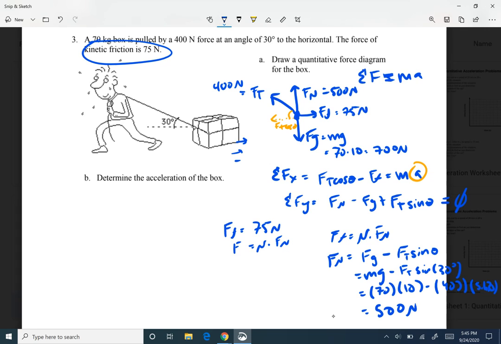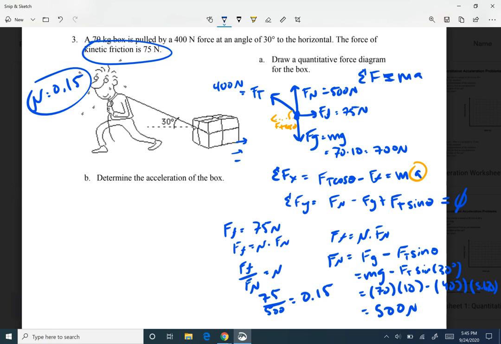So if I have force friction equals mu times force normal, I want to get mu by itself, so I'll say force friction divided by force normal is equal to mu. Force friction is 75, normal is 500, so 75 divided by 500, that's going to equal 0.15. Ta-da! Look, another thing you can solve for using these steps.